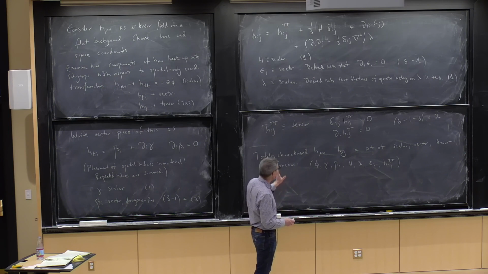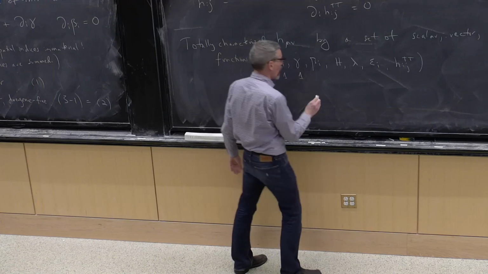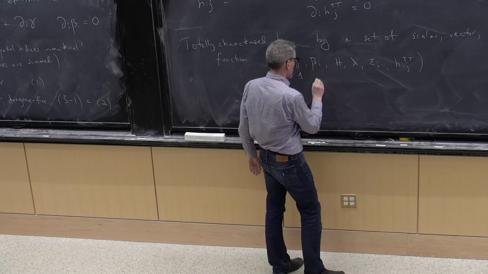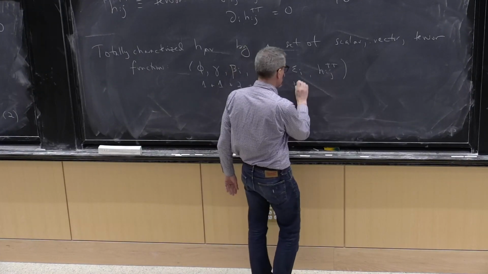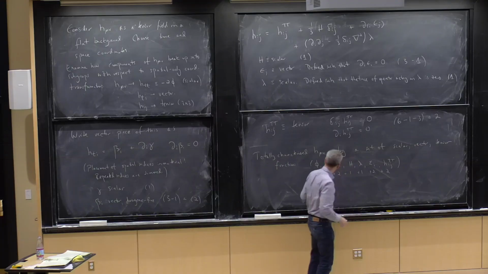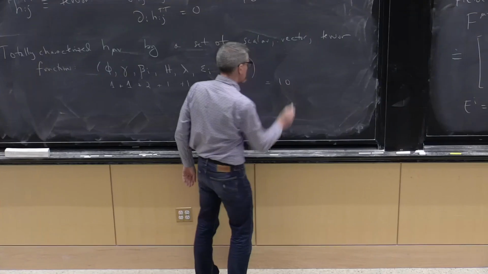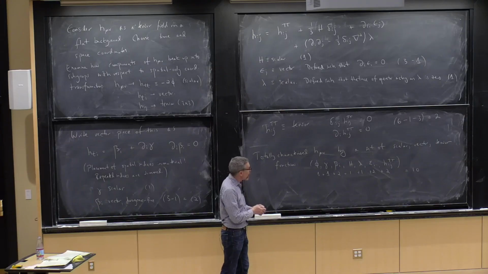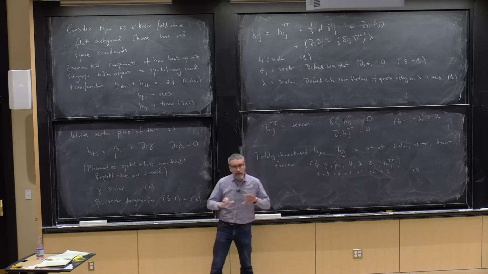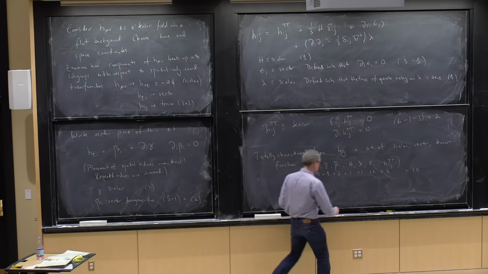The 10 independent components in h mu nu have now been encapsulated by 1 function here, 1 here, 2 here, 1 here, 1 here, 2 here, 2 here. 1, 2, 4, 5, 6, 8, and 10. So all I've done is rewrite those 10 independent components of h mu nu into a form that, as we're going to see, is particularly convenient for allowing us to understand what the gauge-invariant degrees of freedom in spacetime are, at least in linearized theory.